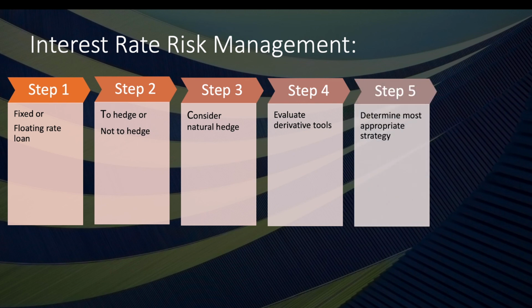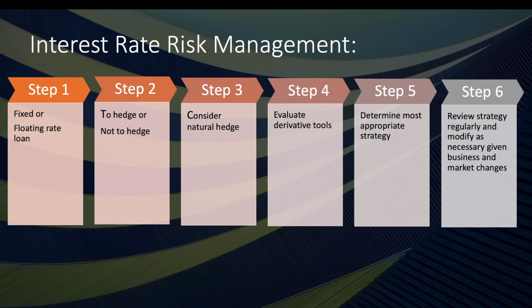Step five is determine the most appropriate strategy. I'll be determining that this is the most appropriate strategy. Step six is review strategy regularly and modify as necessary given business and market changes, because in interest rates and these kinds of market situations, every day there's a market change.